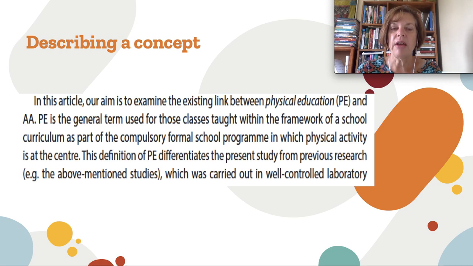They're saying our aim is to examine the existing link between physical education and academic achievement. Physical education is the general term. Okay, so this is our common understanding of it. But their definition of PE differentiates the present study from previous research.